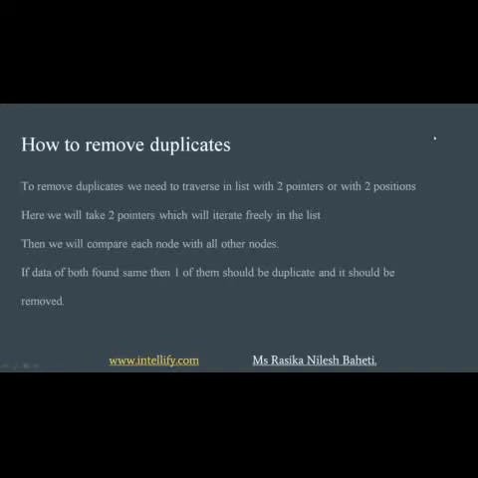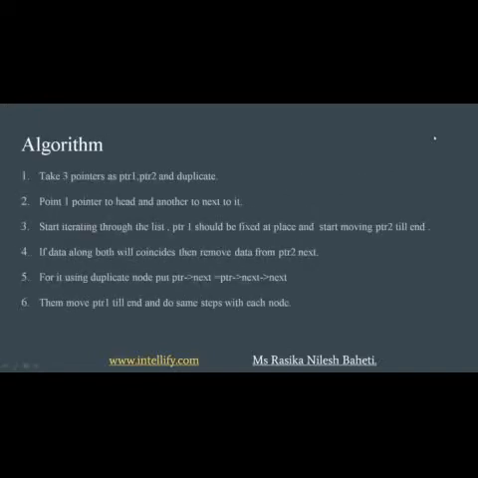Just to make your idea clearer, let's start with the algorithm to find and remove duplicates from an unsorted linked list. This algorithm contains 6 steps which are easy to understand and implement. First, take 3 pointers as PTR1, PTR2 and duplicate. Second, point one pointer to head and another to the next of it. Third step is to start iterating through the list. PTR1 should be fixed in place and PTR2 starts moving till the end.